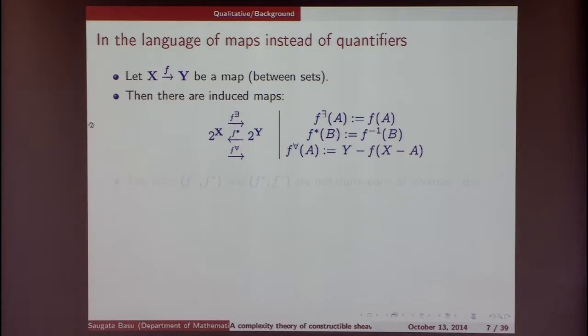So if you want to say what F exists A is, what is the relation with Y, I put an existential quantifier. This is the set of y such that there exists an x in A which maps to y.